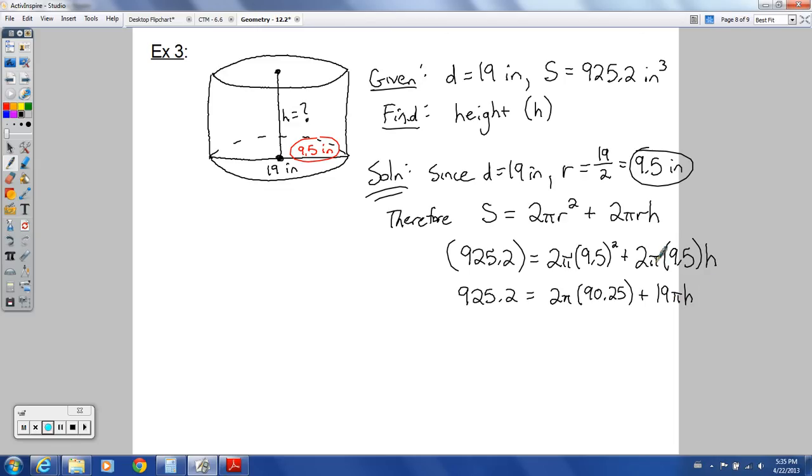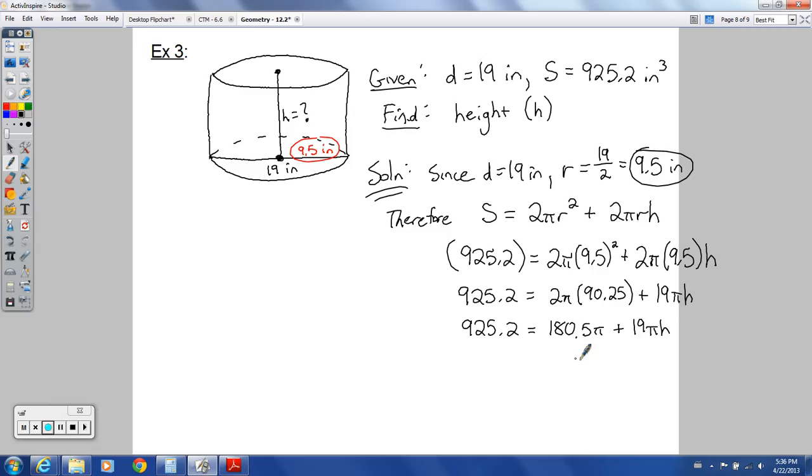Pi times d is the same as 2 times pi times r. 2 pi times the radius is the same as pi times the diameter. So we have 925.2 equals, this times 2 would be 180.5 pi, we have that there still, plus 19, I'm sorry, I left out something important there, the pi, so 19 pi times h.